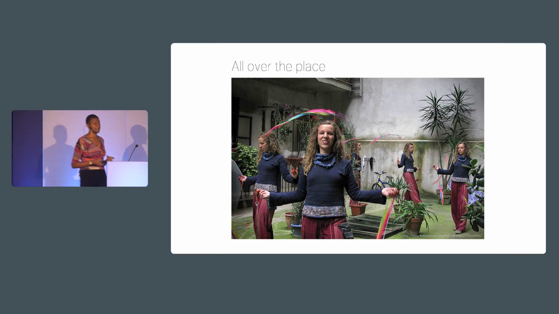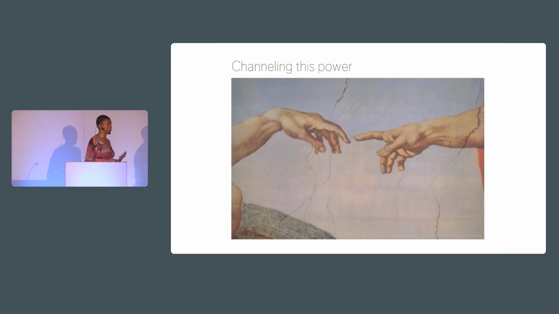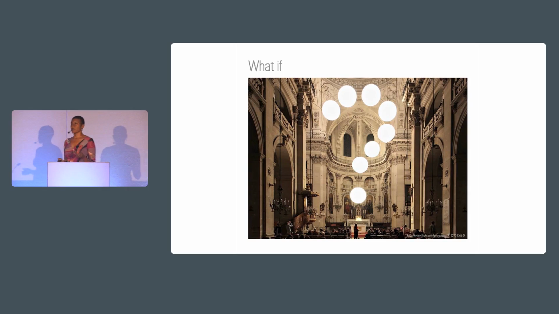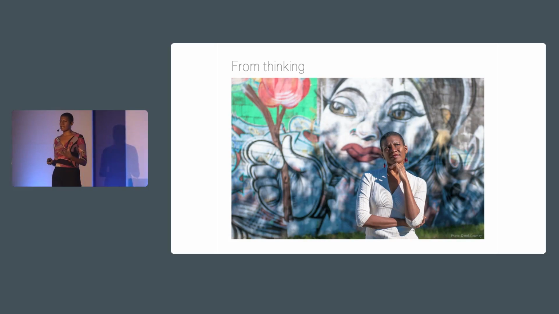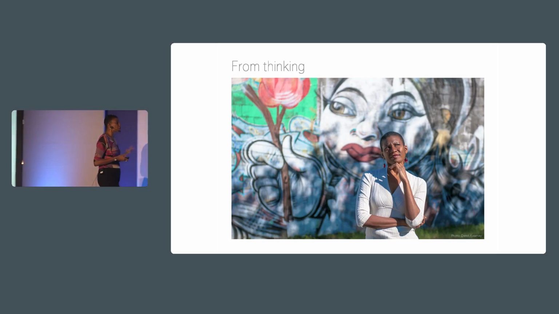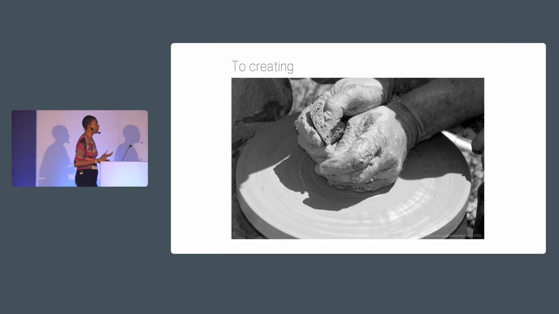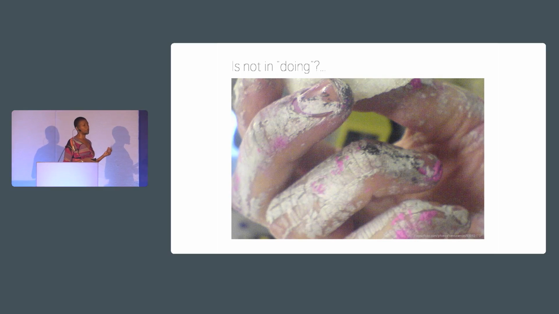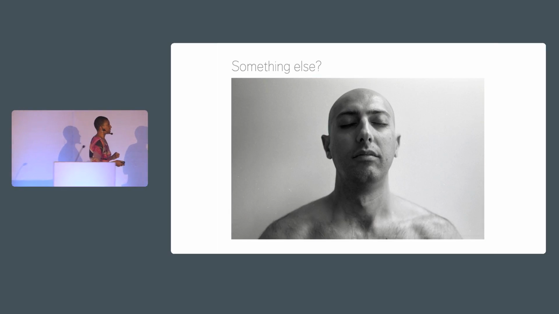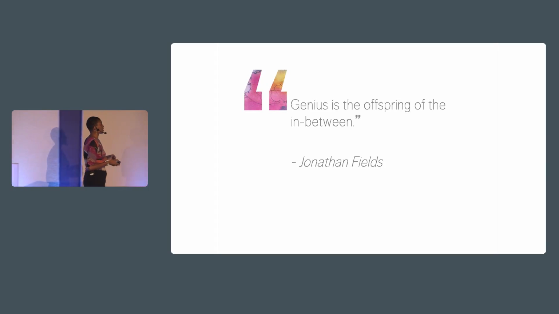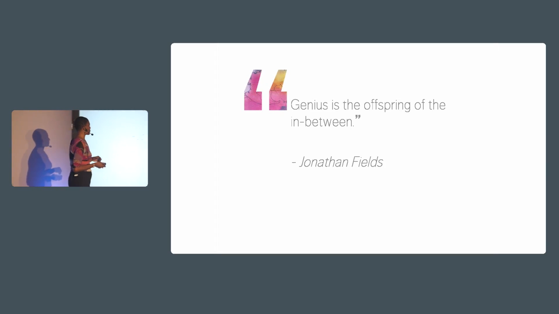Now, I think that we can channel this power. And what if the way to channel this power isn't about thinking and it isn't about doing so much? It's more about something else. So, I offer to you that genius and creative genius is the offspring of the in-between.